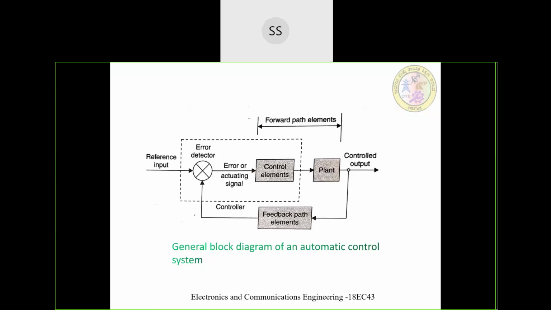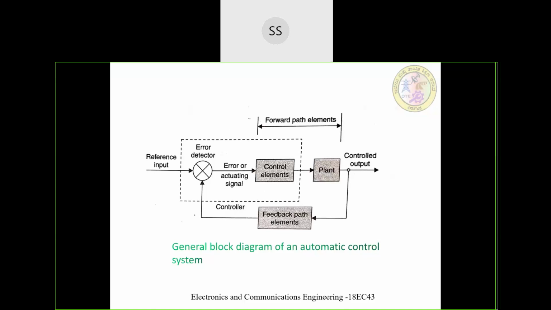Now in the previous example, the desired speed was 100 km, but imagine that the vehicle is running at a speed of 80 km. Then the feedback element is nothing but the driver's eyes and brain, which recognize that, oh, my vehicle is not going at 100 km.